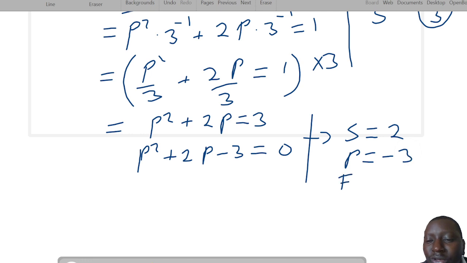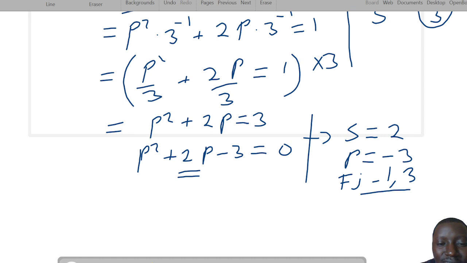If I find those numbers, we refer to them as factors. So two numbers that you can multiply to get negative 3 and add to get 2 are negative 1 and a positive 3. So these factors now, I'll use them to express 2p as negative p plus 3p.